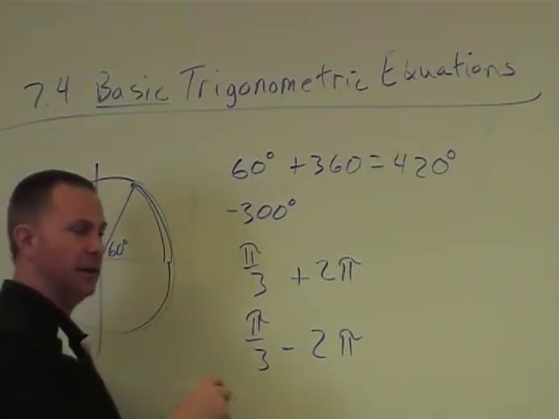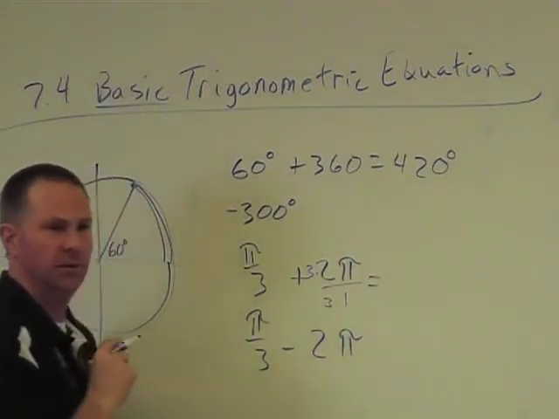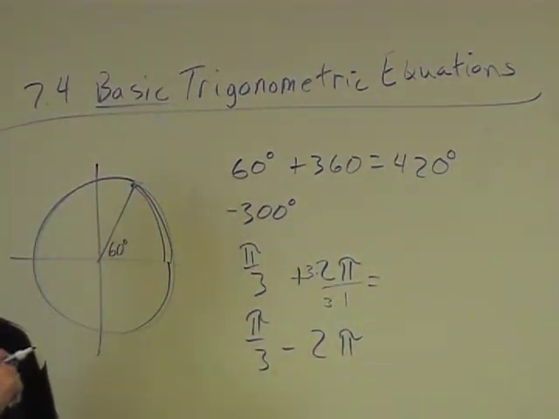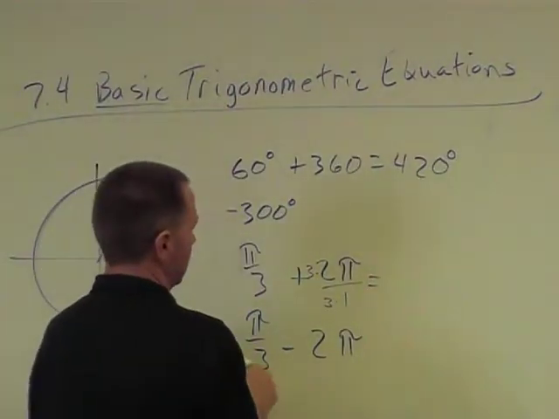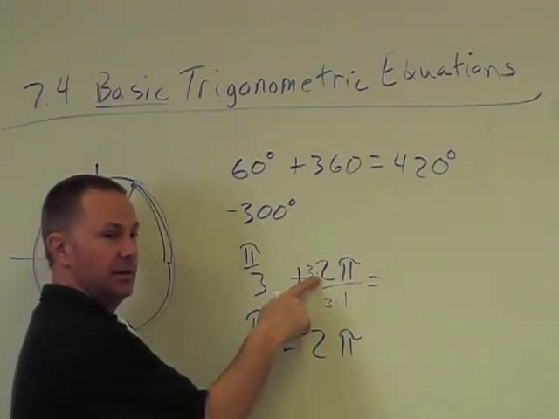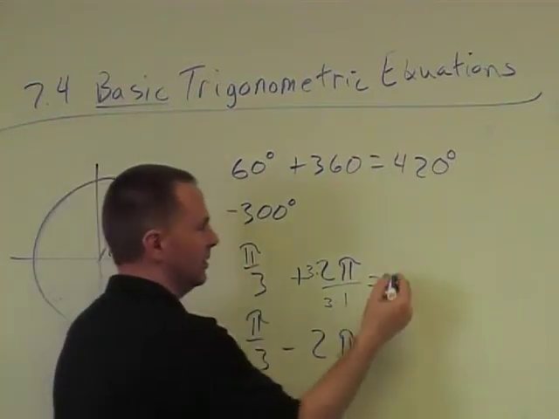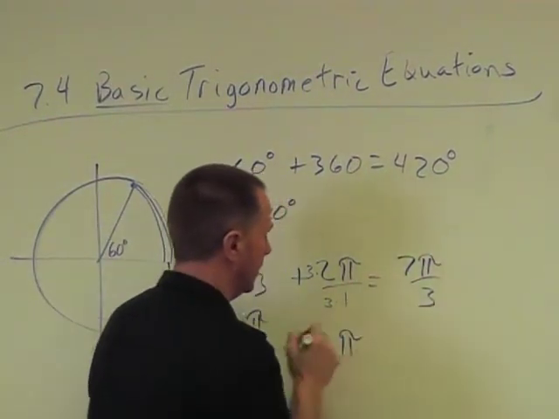So you gotta get a common denominator. What do you get from that one? This is 6 pi, right? Yeah. Plus 1, 7 pi over 3. Okay?